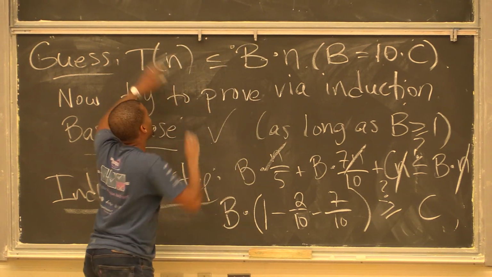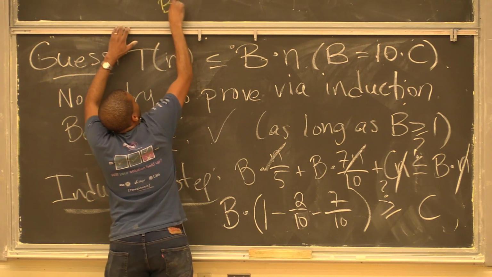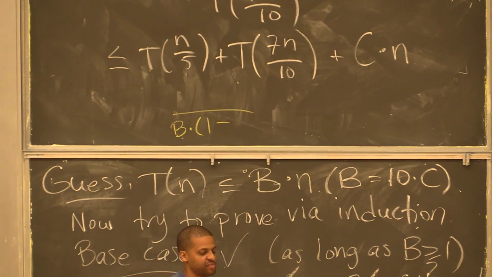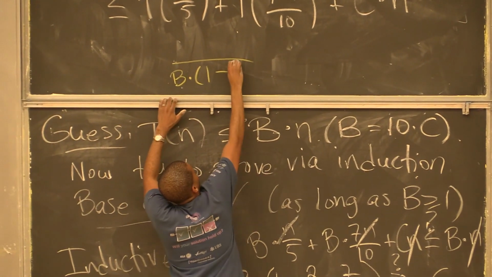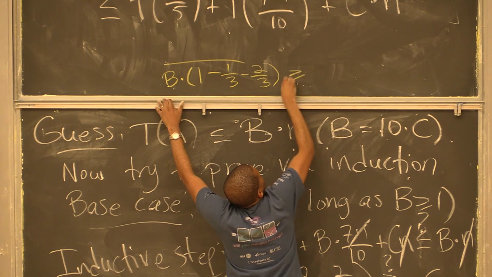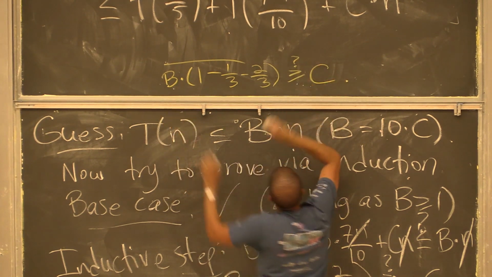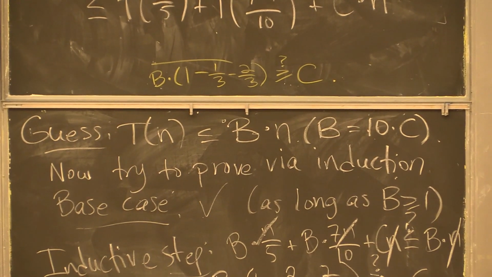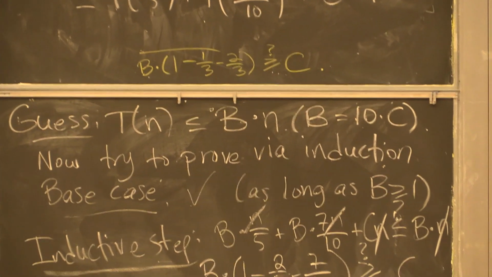You're going to want to have that b times 1 minus, this 1/5 becomes 1/3, 1/3 minus 2/3, you're going to want that to be at least c. Okay, there's nothing you can do. This is saying c is non-positive. Okay, so you can't make c negative.